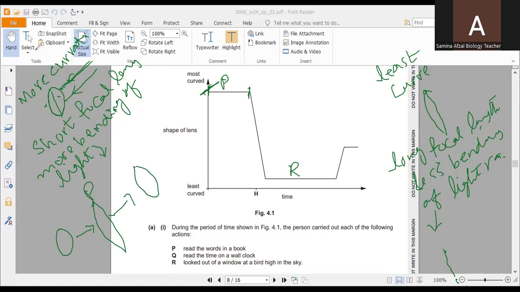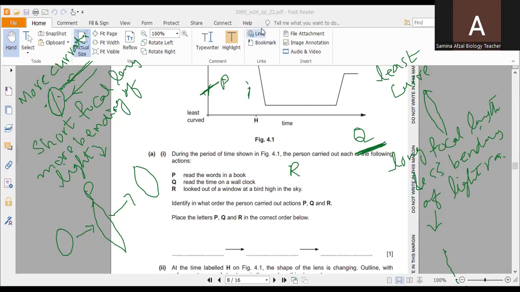So R, and then it will be Q, between P and R. In this way, we can arrange them in the correct order.